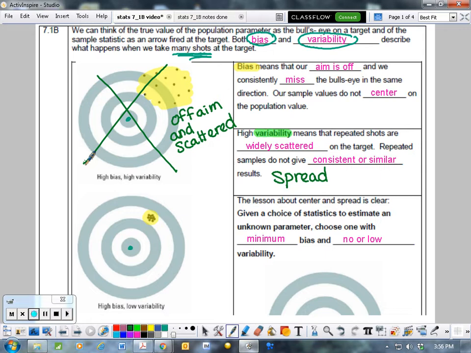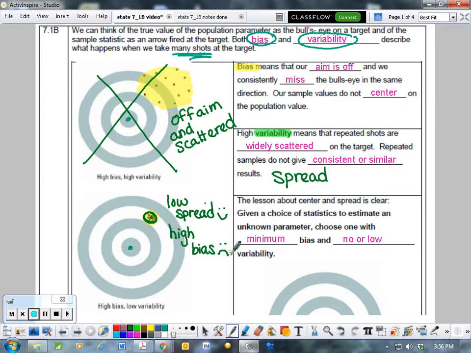On our next example, we have high bias because we're centered away from the center, but the shots are all really close and tightly knit, so we have low variability. Low spread is good, but high bias is bad.